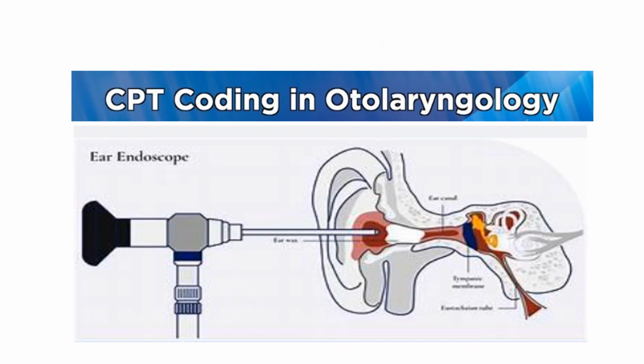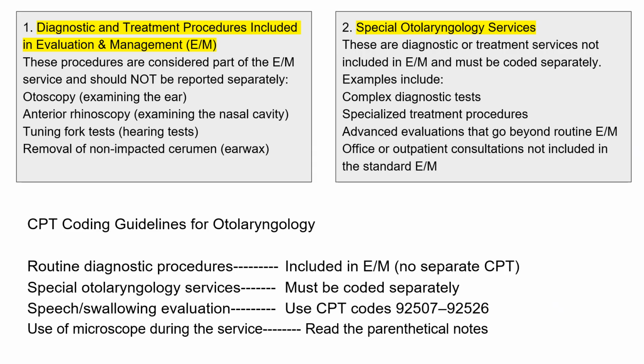Now the next is CPT coding for the otolaryngology, that is ear, nose and throat, ENT. Now, as far as the ENT is concerned, the basic diagnostic services are included in evaluation and management. And what are those?